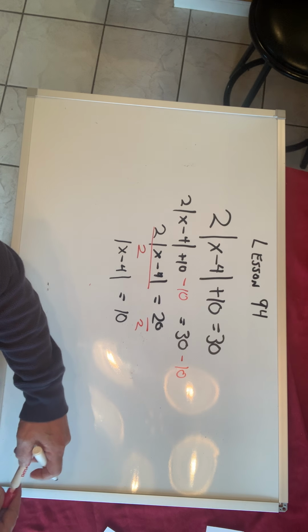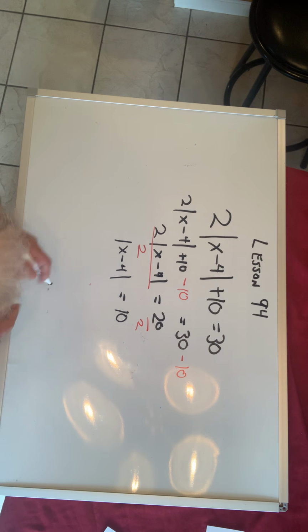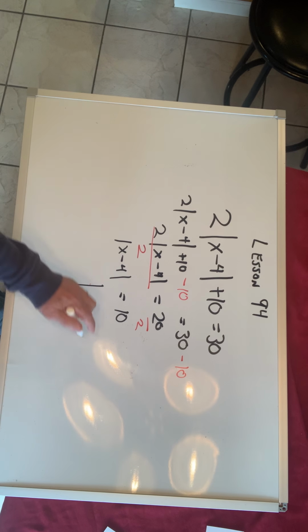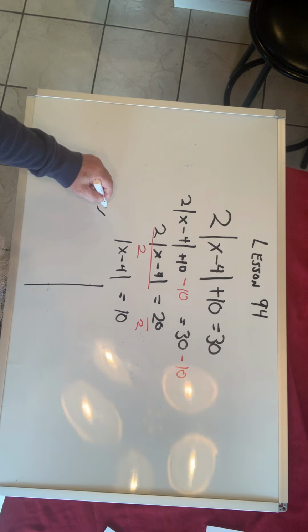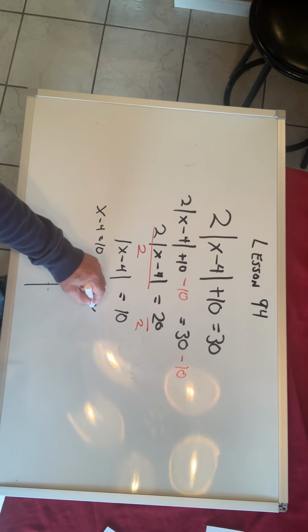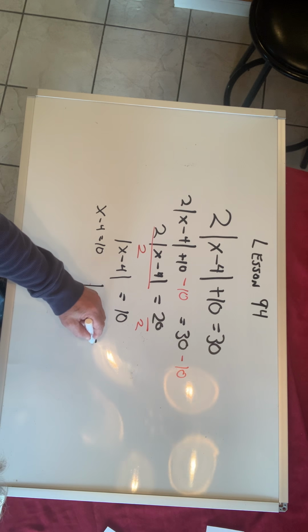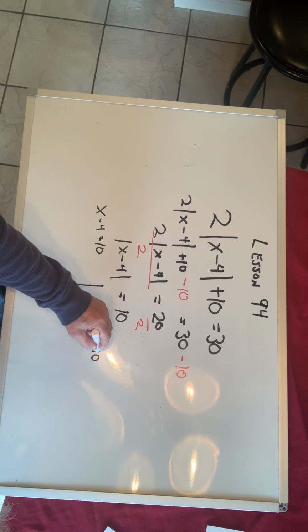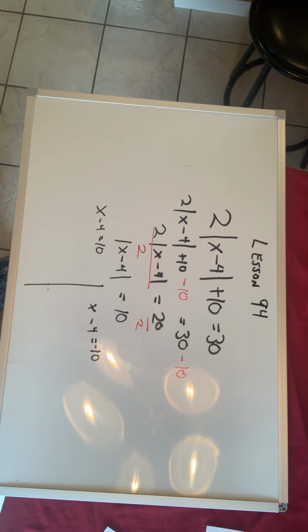Now, here is where we start dividing the problem, because we can have two things here. We can have x minus 4 equals 10, and we can have x minus 4 equals negative 10. So we actually have to do both of those problems.